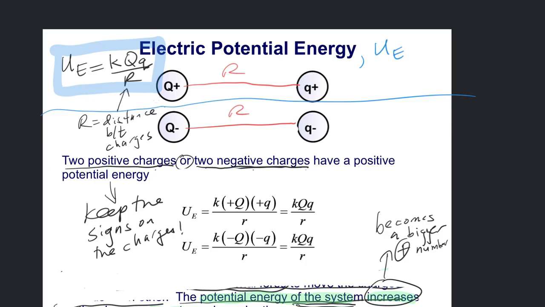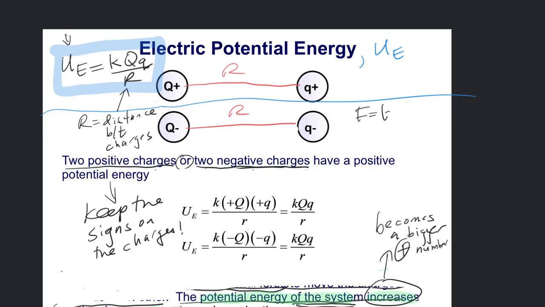Okay, highlighted in blue in the upper left-hand corner is the equation for the electrical potential energy of a system of two charges. It looks like Coulomb's law, right?